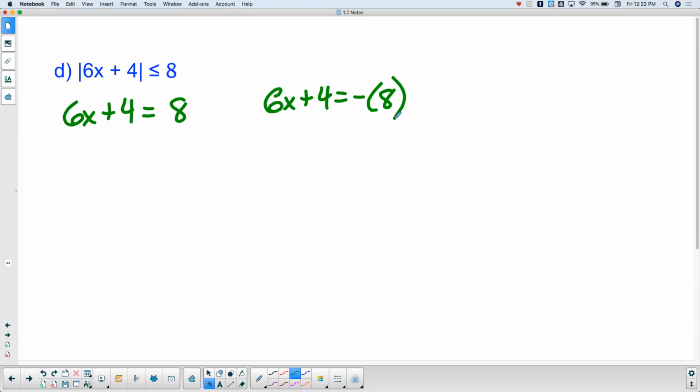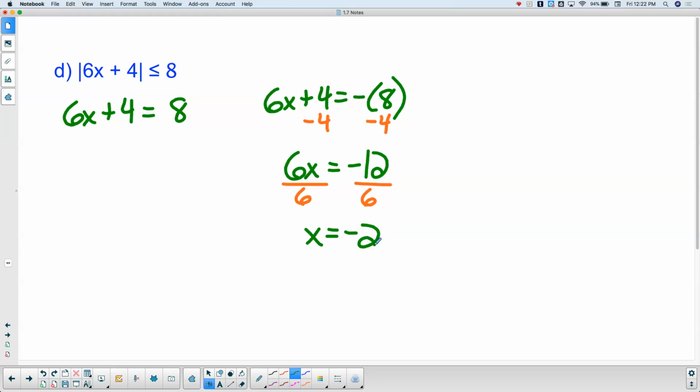Okay, which one do you want to solve, left or right? Right? Okay. Okay, love it.